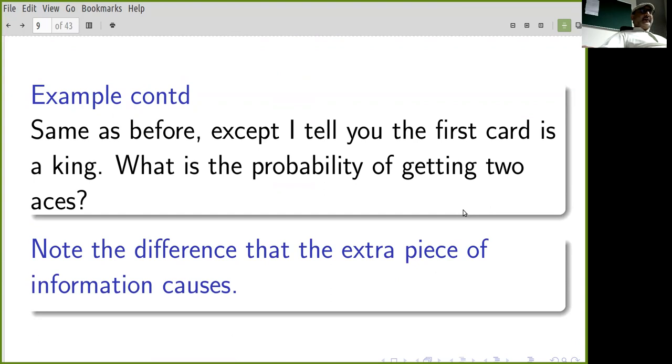So when we assign this probability, we assigned a different probability than when we didn't have that piece of information, that the first card is a king. Okay, so conditional probability helps us deal with situations like that.